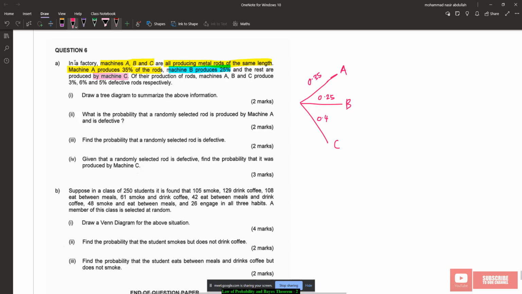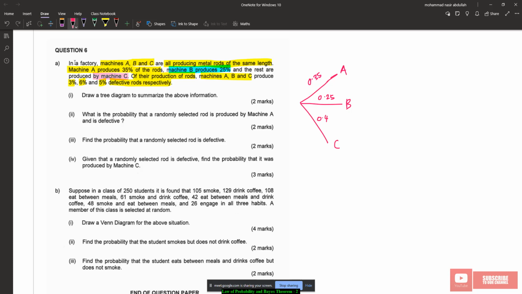Right. Now we look at the second phase. The second statement, what does it say? Of their production, machines A, B and C produce 3%, 6% and 5% defective rods respectively. So we know that they will produce rods.